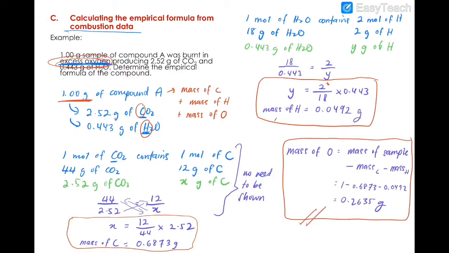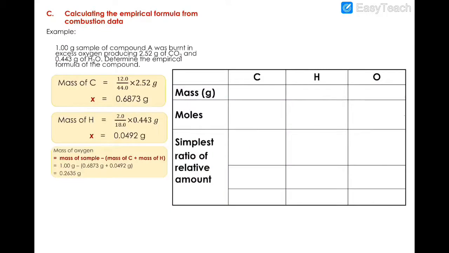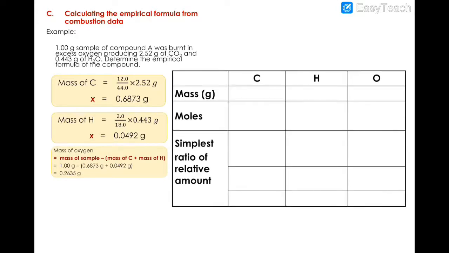Okay, so now barulah kita boleh apply Formula table by masukkan all the values inside the Formula table. So carbon you have 0.6873, hydrogen 0.0492, and then your oxygen 0.2635. Okay, so mole macam biasalah kita bahagi dengan molar mass.